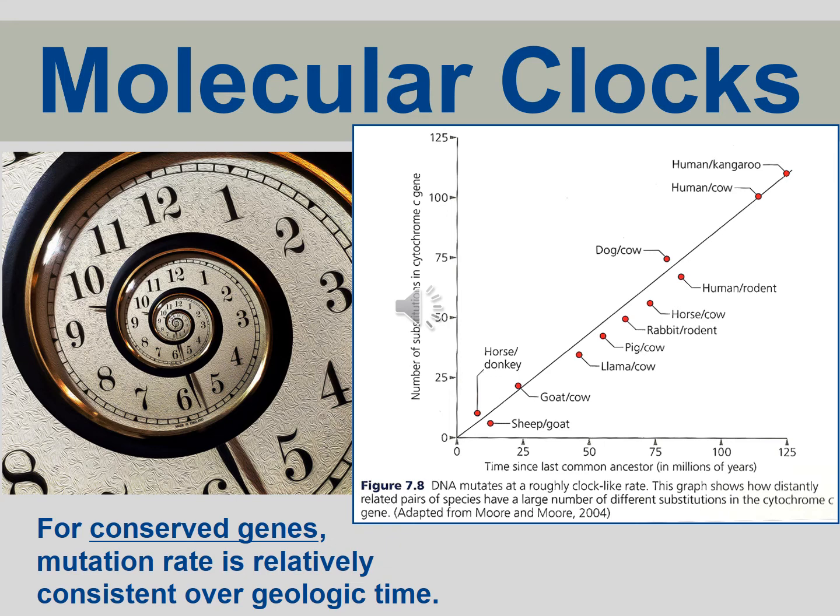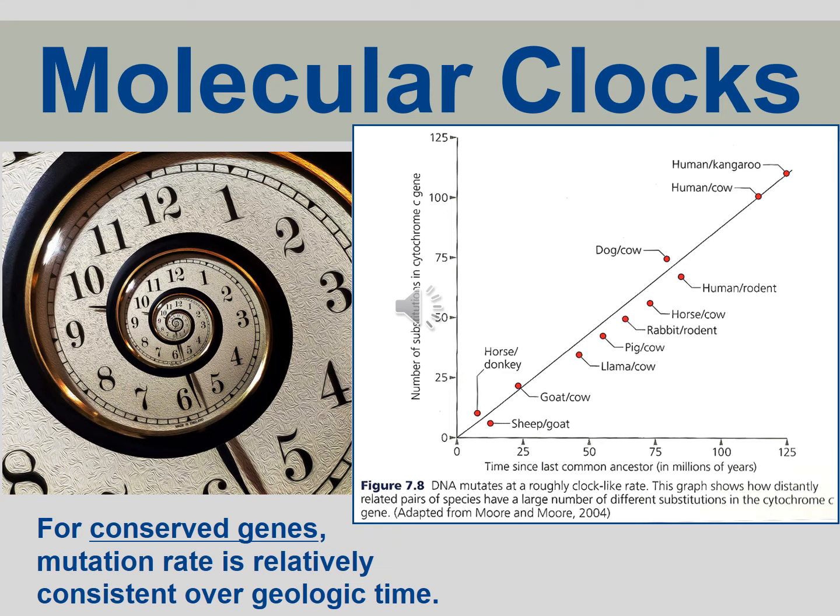And you see a nice bisecting line, almost pretty much a 45-degree angle bisecting a 90-degree angle, which typically means a 1-to-1 ratio. And you can see there are a lot of organisms compared here, like human and kangaroo, human cow, dog cow, rabbit, rodent, pig cow, goat, sheep, goat, horse, donkey, what have you.